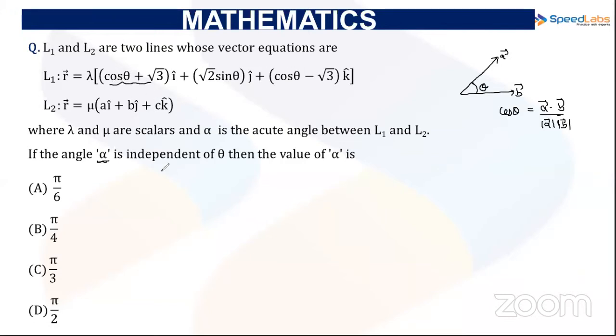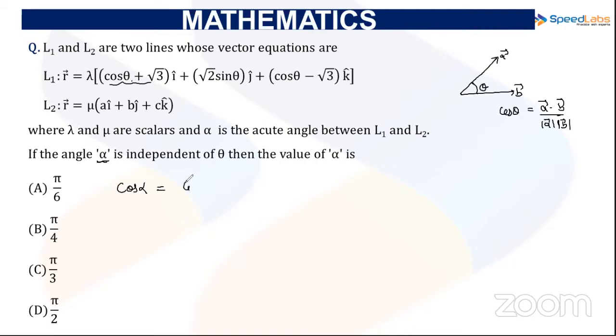So here also what can we say about the angle, this cos of alpha, right? Because the angle between L1 and L2 is alpha. So cos of alpha will be equal to R1 dot R2. Let me just write it fully.